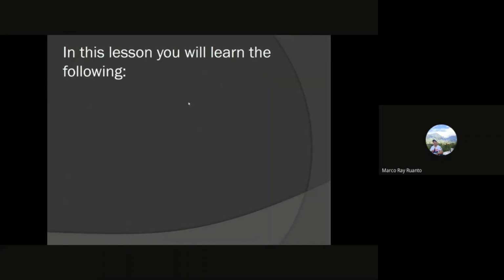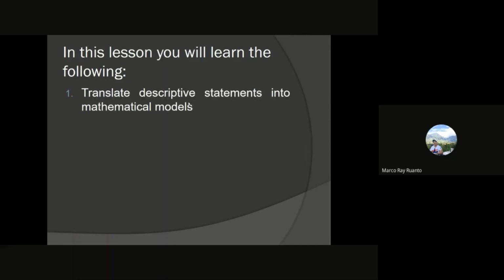By the end of this lesson, what you need to learn is, number one, to translate descriptive statements into mathematical models. So I would like you to review our lesson on transforming expressions into mathematical symbols or mathematical statements.